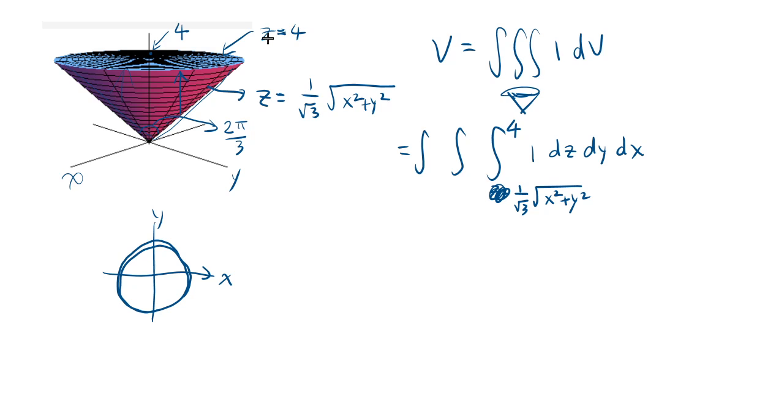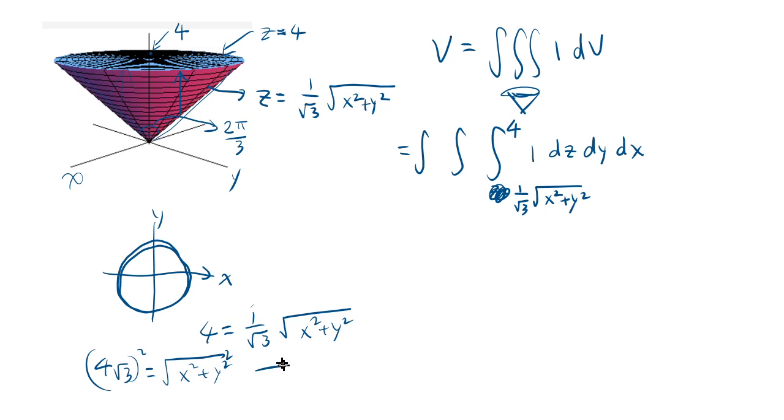So if you set two things equal to each other, then you get the intersection between the top plane and this cone, and you will get the equation for this circle that you want. So you set 4 equals 1 over radical 3 times square root of x squared plus y squared, multiplied by radical 3, so that's 4 radical 3 equals square root of x squared plus y squared, and then square both sides to get the equation that x squared plus y squared is equal to 4 radical 3 squared.